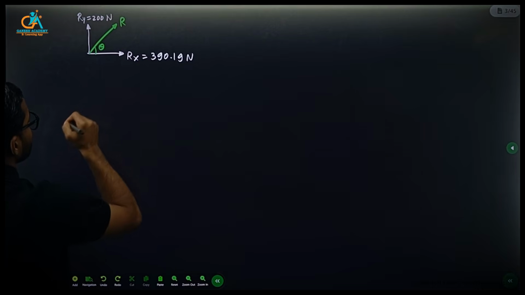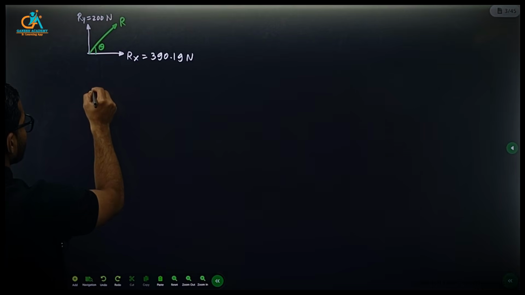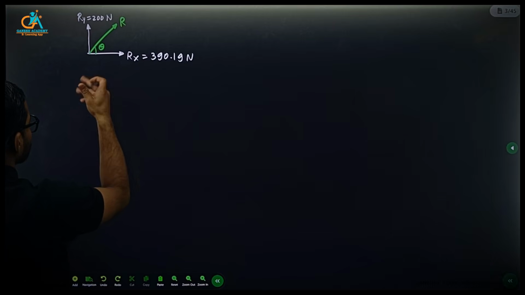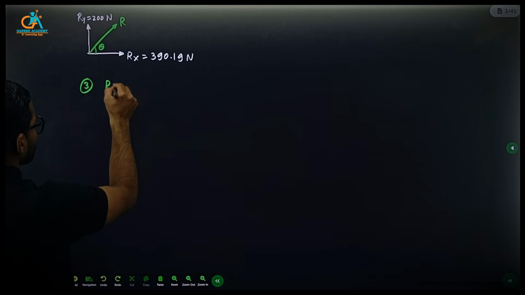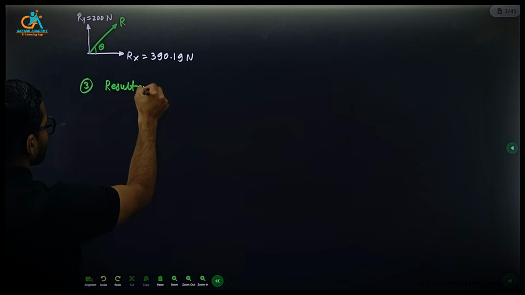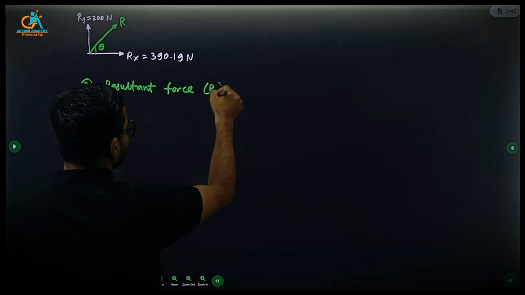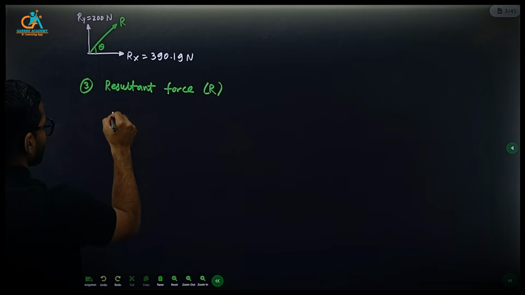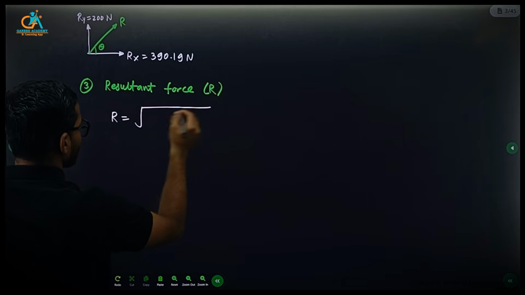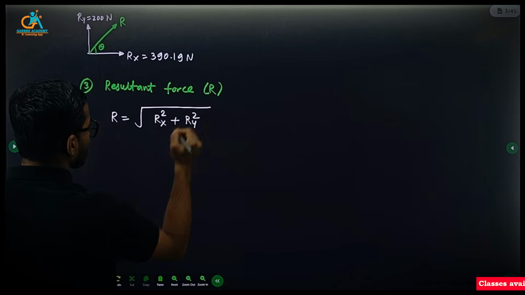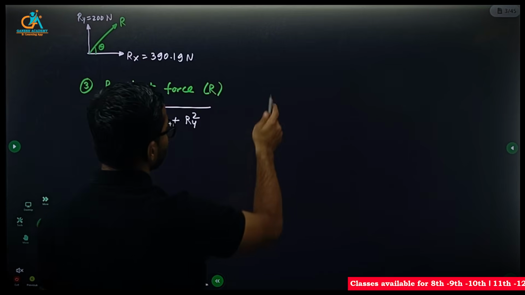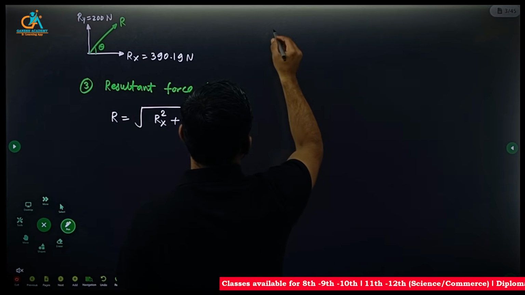For this, you will have to use this formula, resultant force R is equal to under root of Rx square plus Ry square, half. The same way, using Pythagoras theorem.